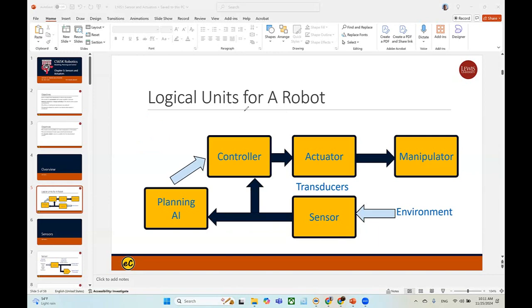Over here, we teach you using MATLAB or Python to do mathematical modeling for the manipulator and the control variables. Those kinds of things we call the signal path.